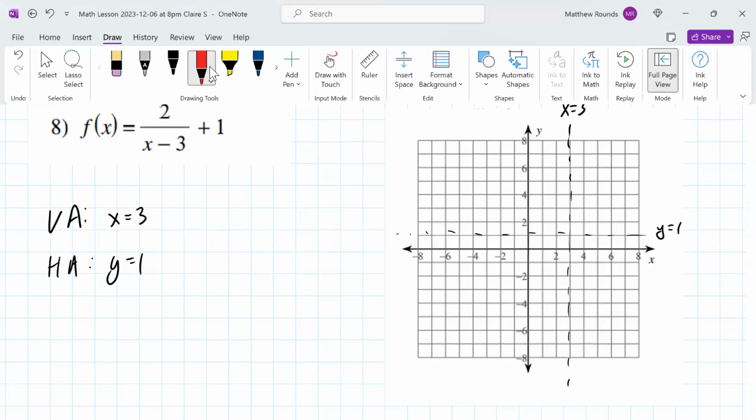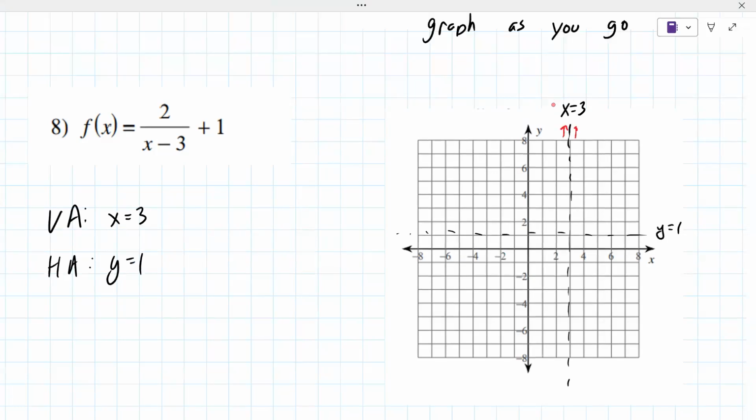So again, I like to put these arrows in. That's my convention. Can only help. All right. So next thing is to determine the x-intercept. Just because we're short on time, I will give you the new form here. So it is x minus 1.